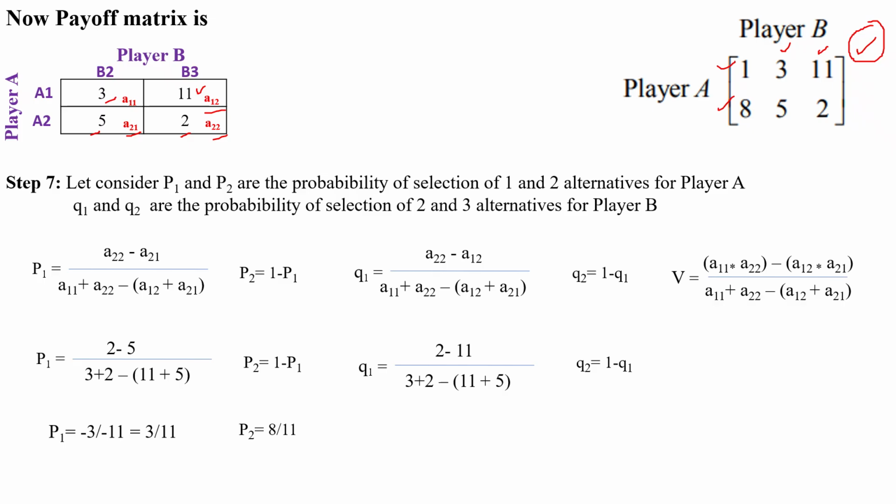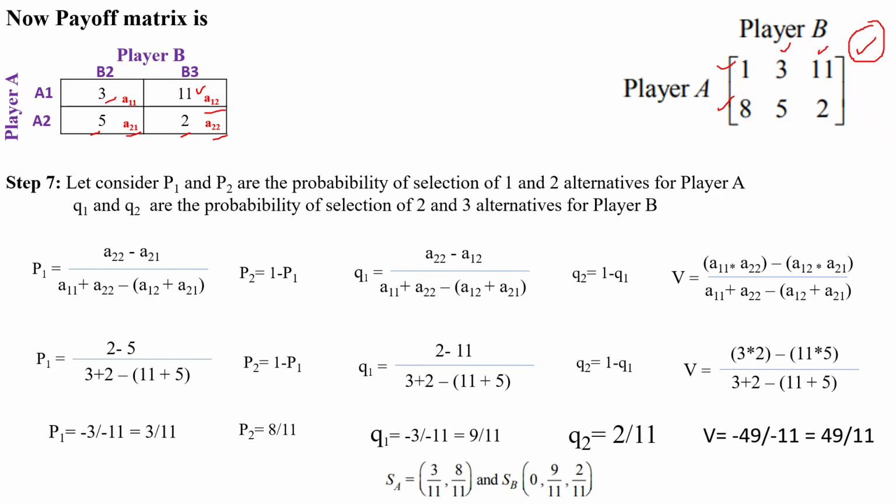So we will get the Q1 value as 9 by 11 and Q2 is 1 minus Q1, that is 2 by 11. Similarly, substitute these values in the value of the game equation. We will get the V value, that is the value of the game, as 49 by 11.